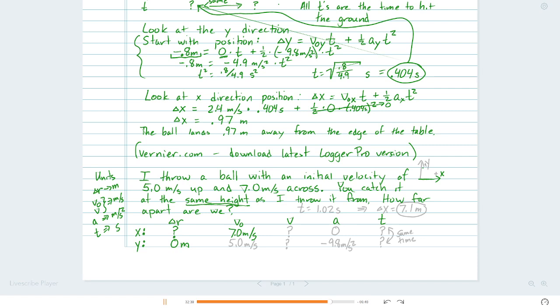We haven't picked which is positive y, up or down. Anybody have a preference? Up. Okay, we'll pick up to be positive y, and across will be positive x. So, what's our initial velocity in the y direction? It's the 5.0 meters per second.